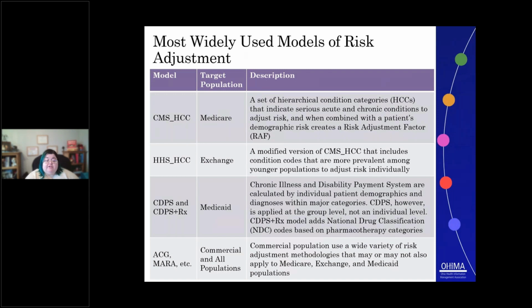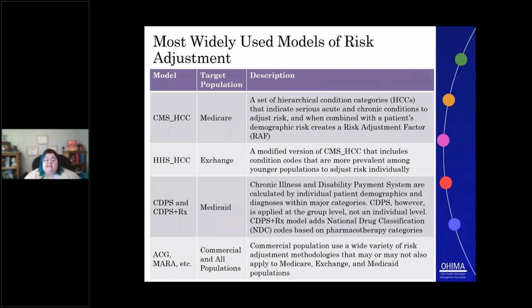Finally, commercial health plans use a variety of risk adjustment models to predict risk associated with their patient population. Johns Hopkins Adjusted Clinical Group, or ACG, measures the health status of a population by grouping diagnoses into clinical logical groups. Milliman Advanced Risk Adjusters, or MARA, uses an algorithm that considers disease progression over time.